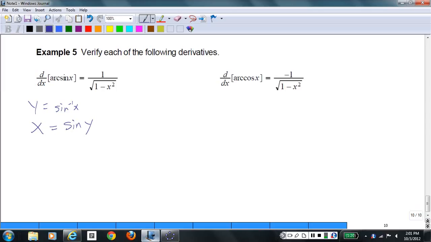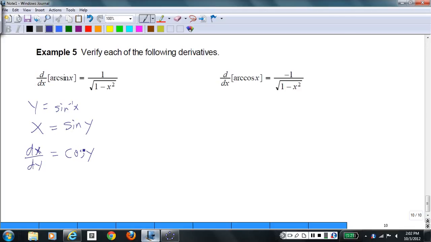Finding dx/dy is no problem. Taking the reciprocal of that is no problem. The challenge is to write it explicitly in terms of x. What is dx/dy? Maybe even simpler than it seems, or as simple as it seems. It's cosine y, just like that.